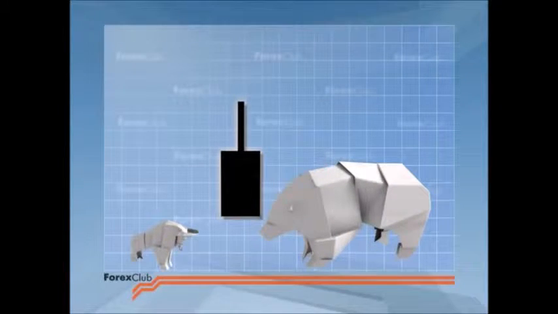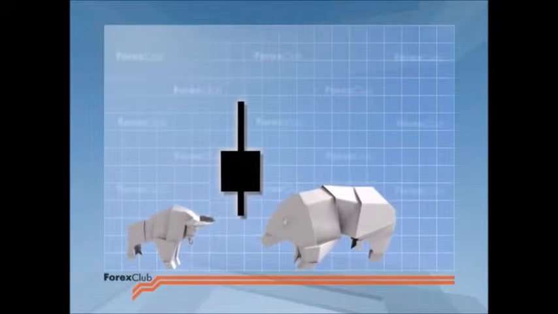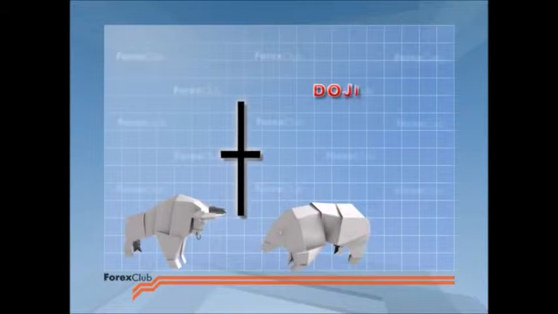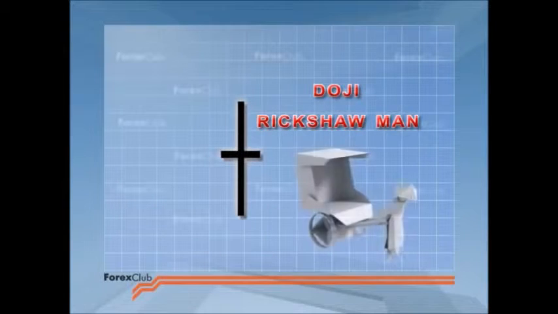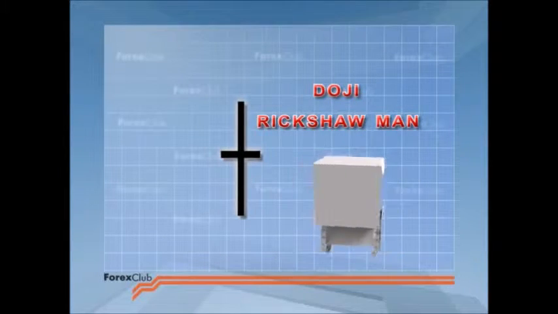What we can see now is called the inverted hammer or the shooting star. But finally the bears' counter-attack fades, prices rise once more, and at the end of the period price closes at the same or almost the same level at which it opened. Voila! The doji. This type is known as the long-legged doji or the rickshaw man.